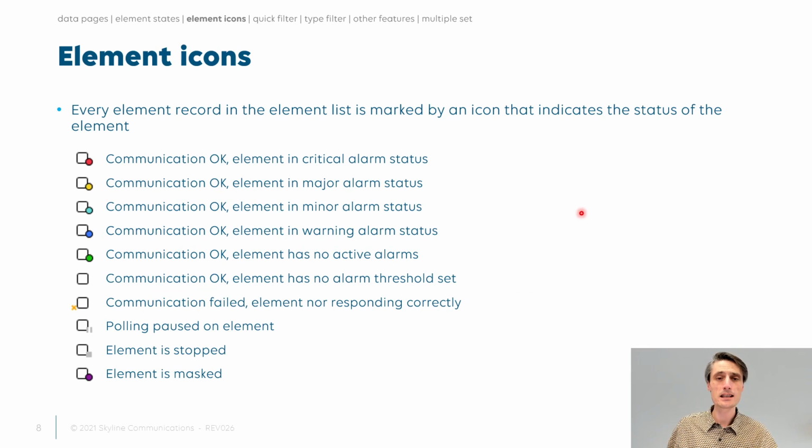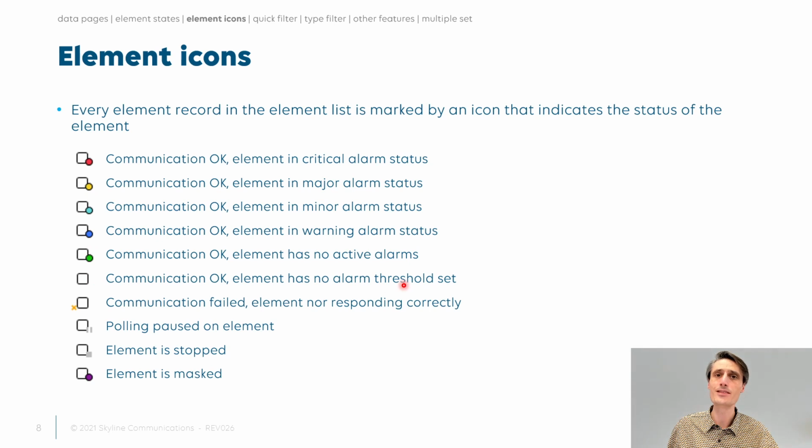The icons I can expect in my element list, first of all, the element icons, that's like a little cube. If it doesn't mention anything, the cube, like the middle icon here that I'm indicating, that means that the communication is okay, but we don't show any color coding on there because there are no alarm thresholds defined.